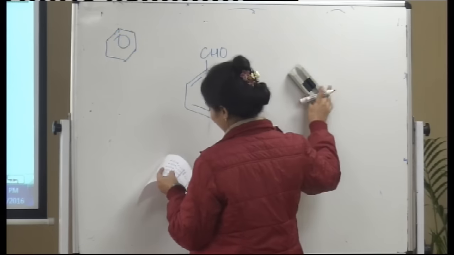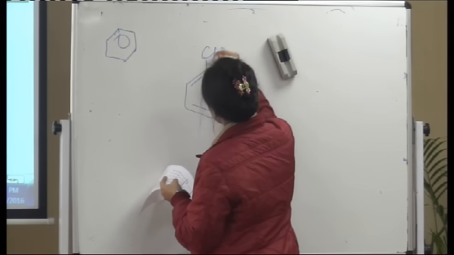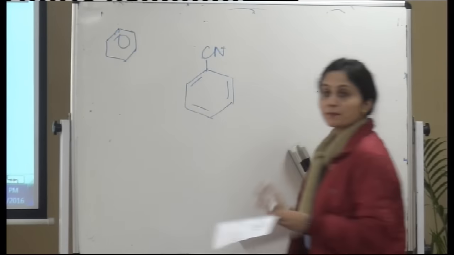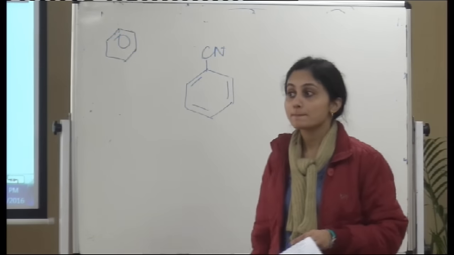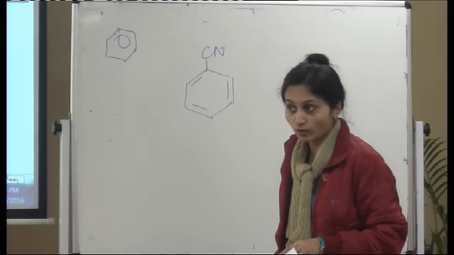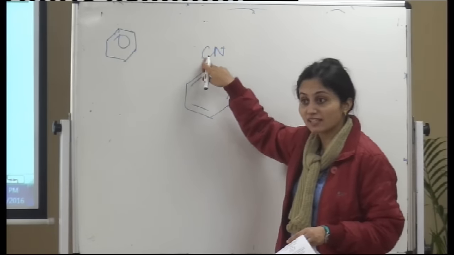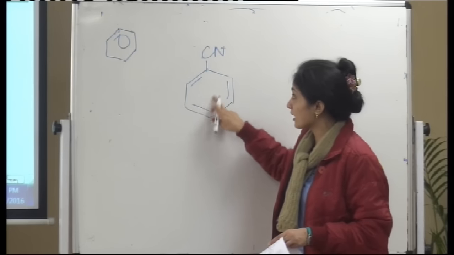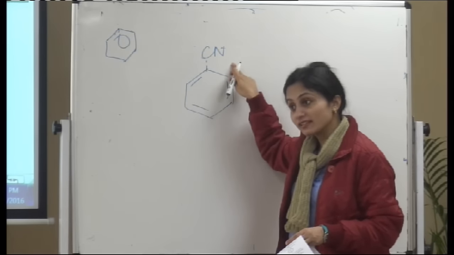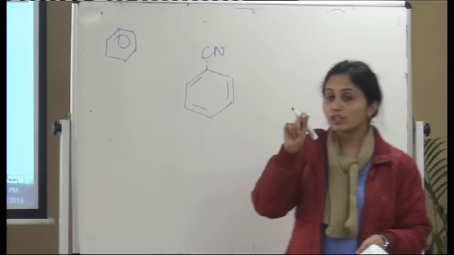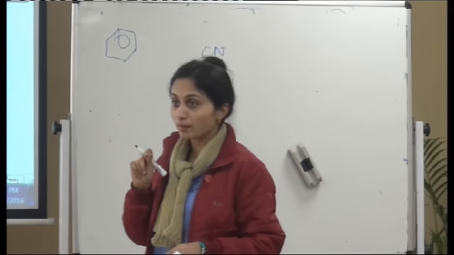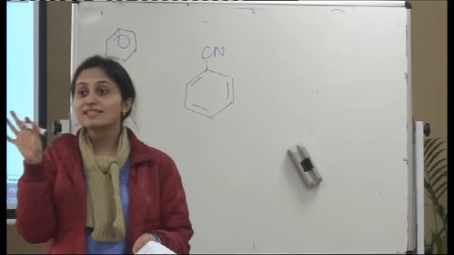Okay, and then you have, what is this? If you're saying benzo, it doesn't make sense. It is benzo whenever you have a carbon atom attached to the benzene ring. So it is benzonitrile then. That's what I stated. Whenever you include the carbon atom in the numbering, then you name it as nitrile.